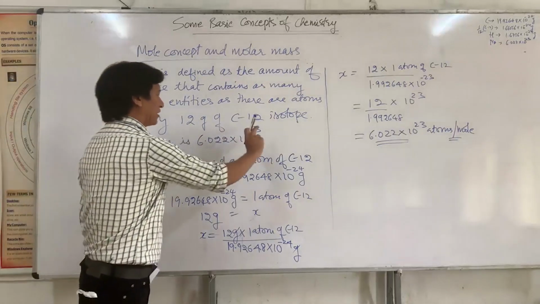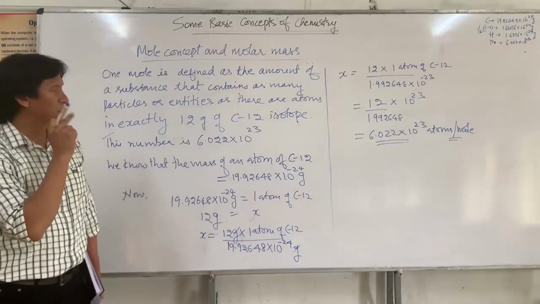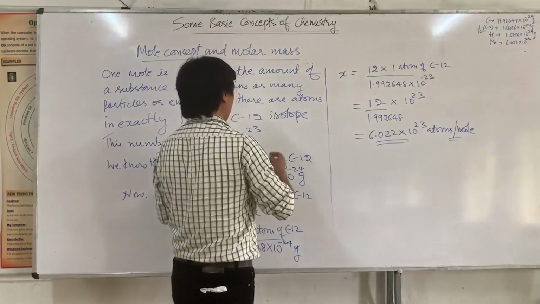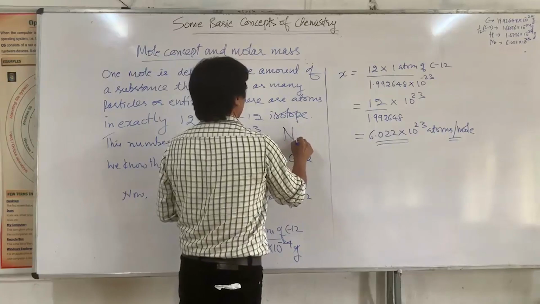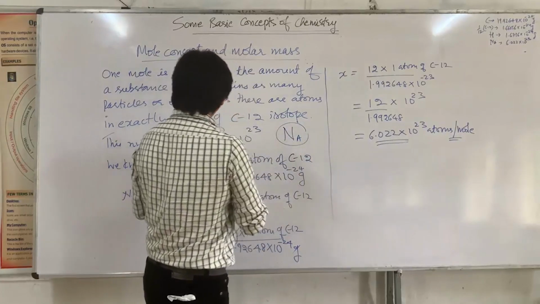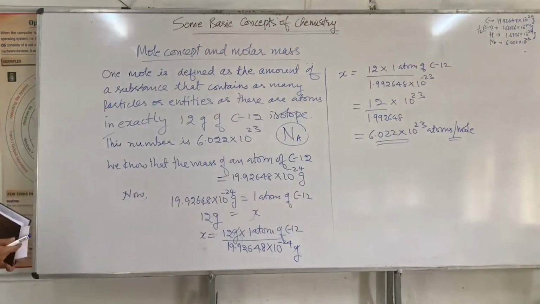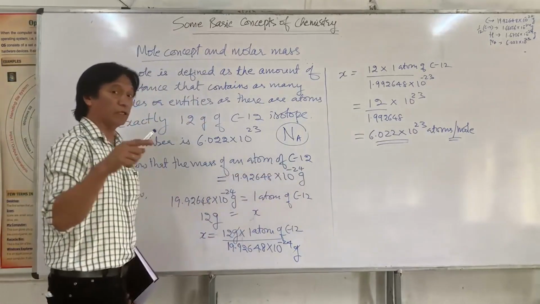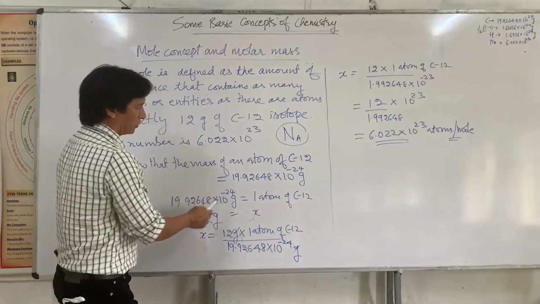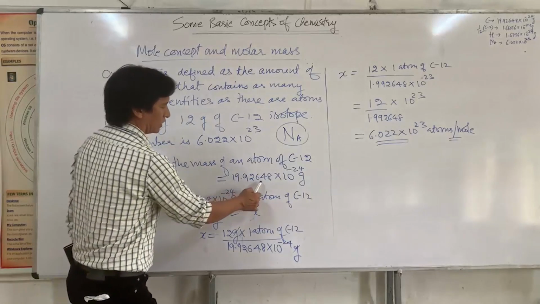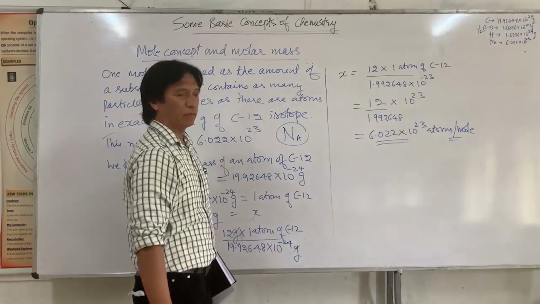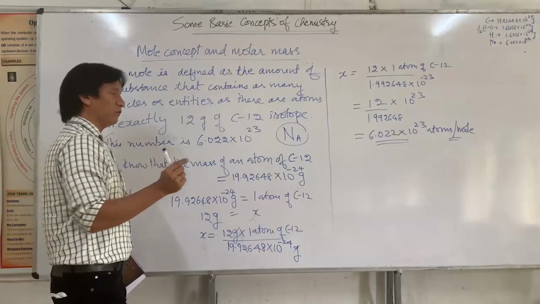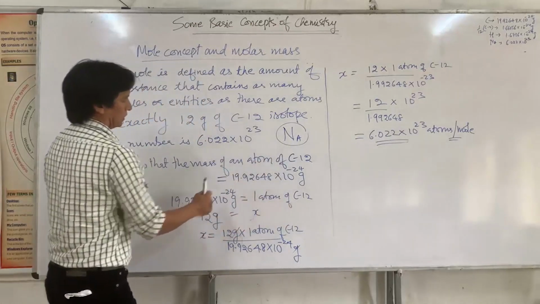It's called the Avogadro constant, and it's denoted by N_A, capital letter N, subscript A. Now, we know that the mass of an atom of carbon-12 has been found to be 1.992648 × 10^-24 grams. This is the actual mass of an atom of carbon-12.